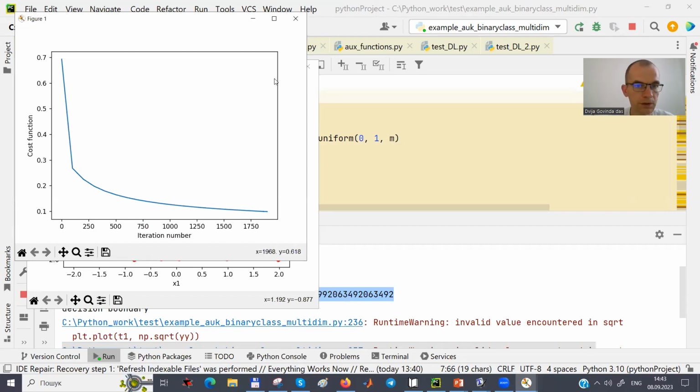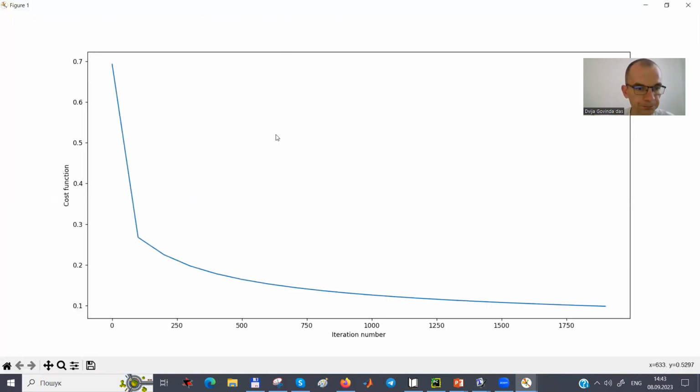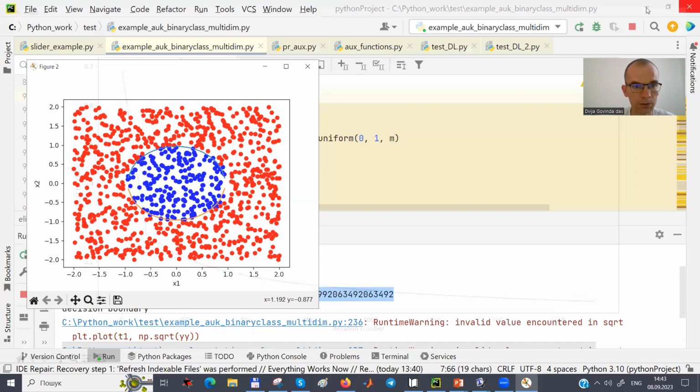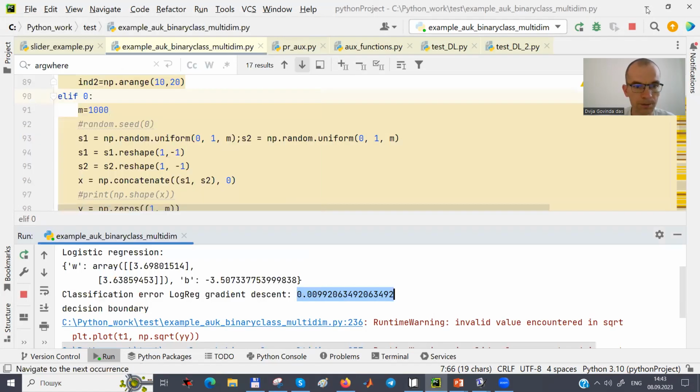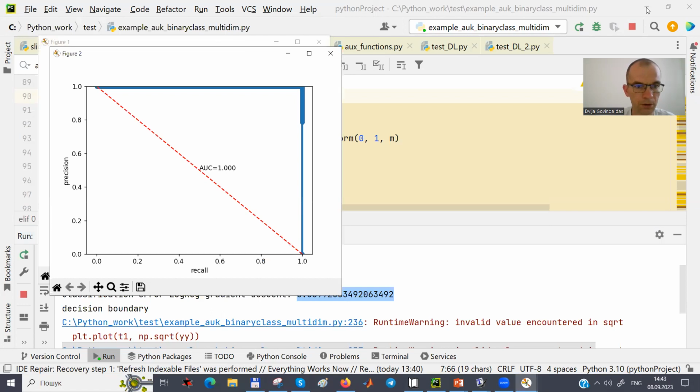Again, we have this graph of the cost function by the gradient descent method. Okay, if we just continue, we can also see the ROC curve of dependence of precision on recall, which we considered in our previous video. Yes, in this case, almost perfect classification, and we have area under the curve equal to 1.